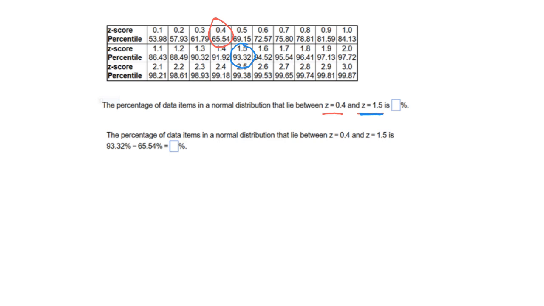And just so I can get an idea of what it means when they say that the percentage that lies between the two items, I'm going to draw my normal distribution. And we'll say that this is 0. My 0.4 would be somewhere about so. And I'll put my 1.5 off to the right-hand side. All right, so let me just draw a few lines in here.